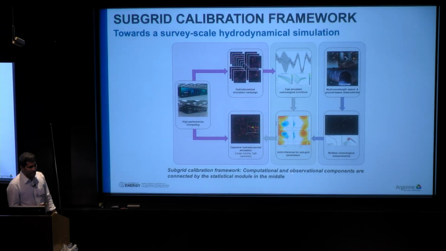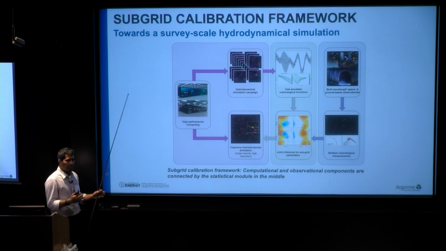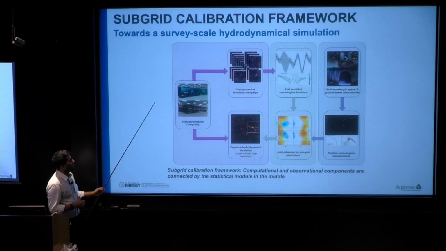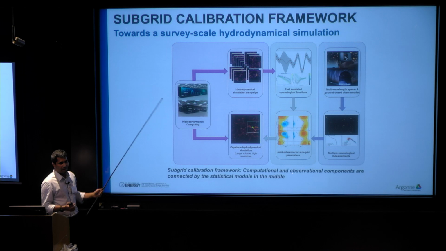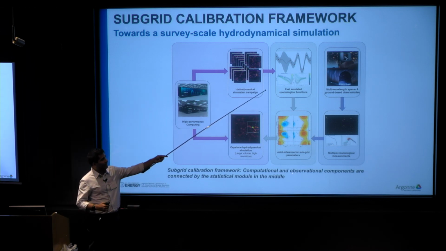Okay, the calibration framework is essentially very similar to all these emulation-based inference methods. So starting with some of our HPC systems, we run an ensemble of hydrodynamic simulations. With the 5 parameters I showed earlier, we select a range of those parameters. We run a bunch of simulations, and from each simulation, we extract summary statistics.